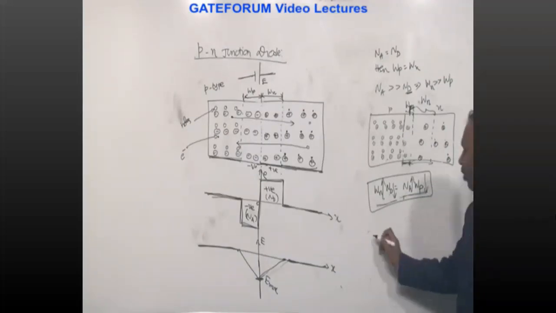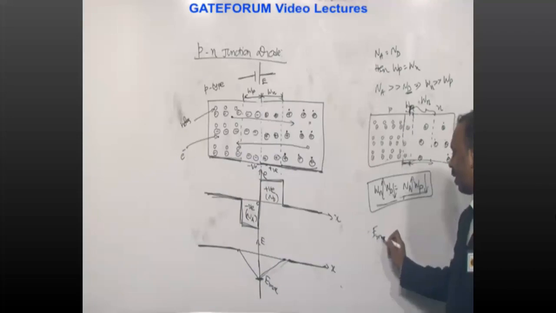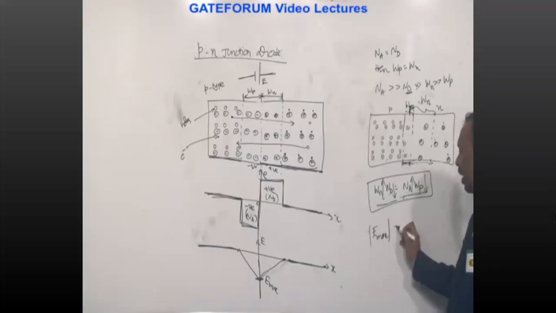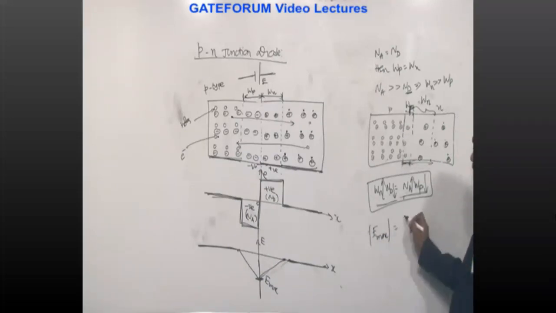Then there is one more formula. The maximum electric field is equal to E Nd Wn by epsilon.